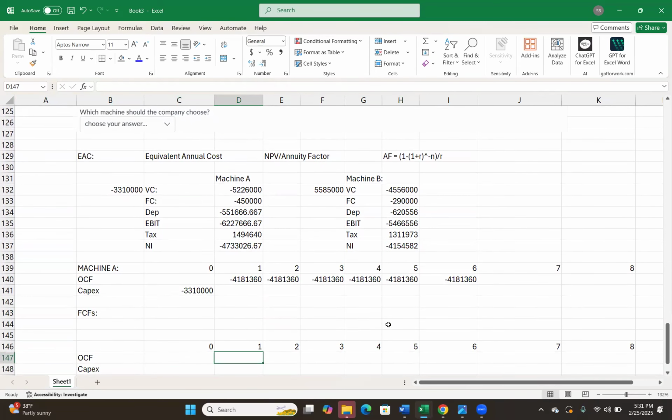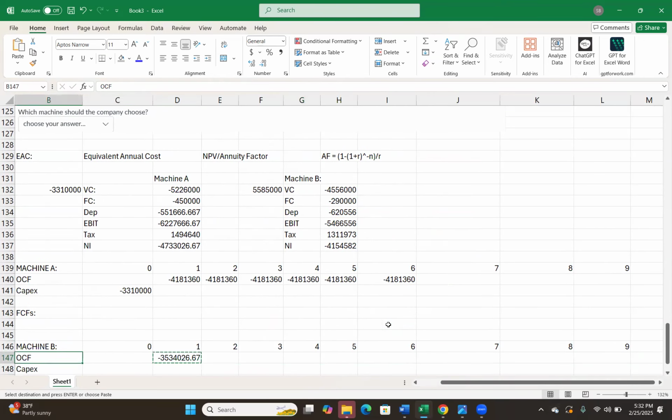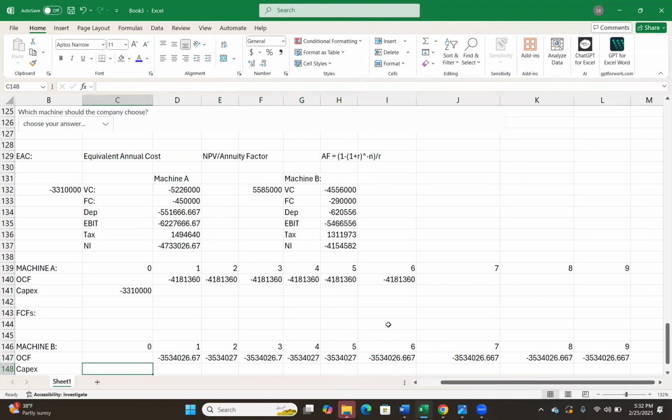OCFs for machine B should be net income minus depreciation. Minus negative depreciation, sorry. Oh, that's not gonna work, sorry. CapEx should be negative 5,585,000.